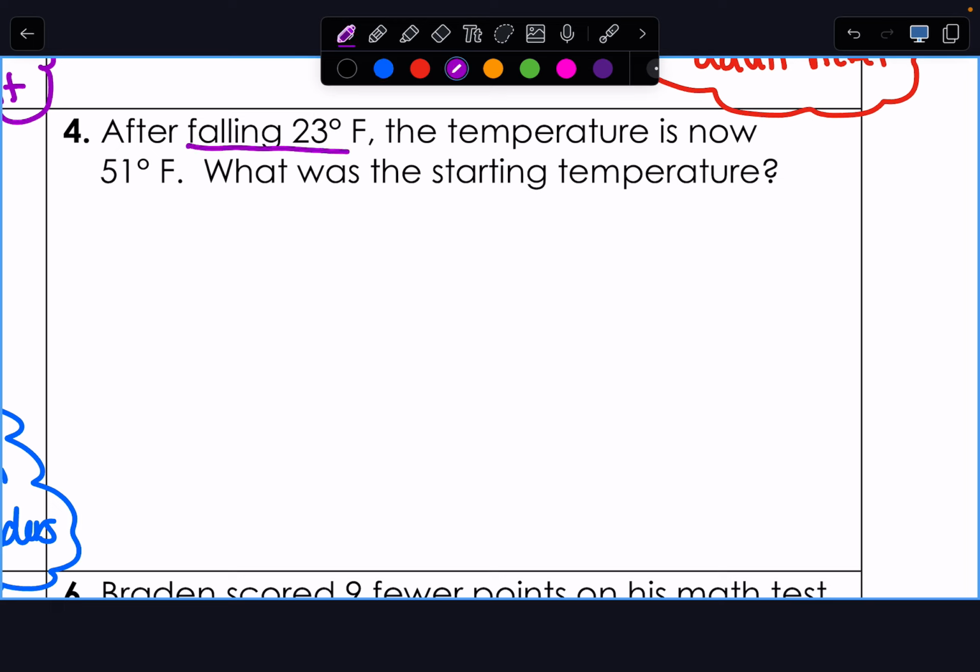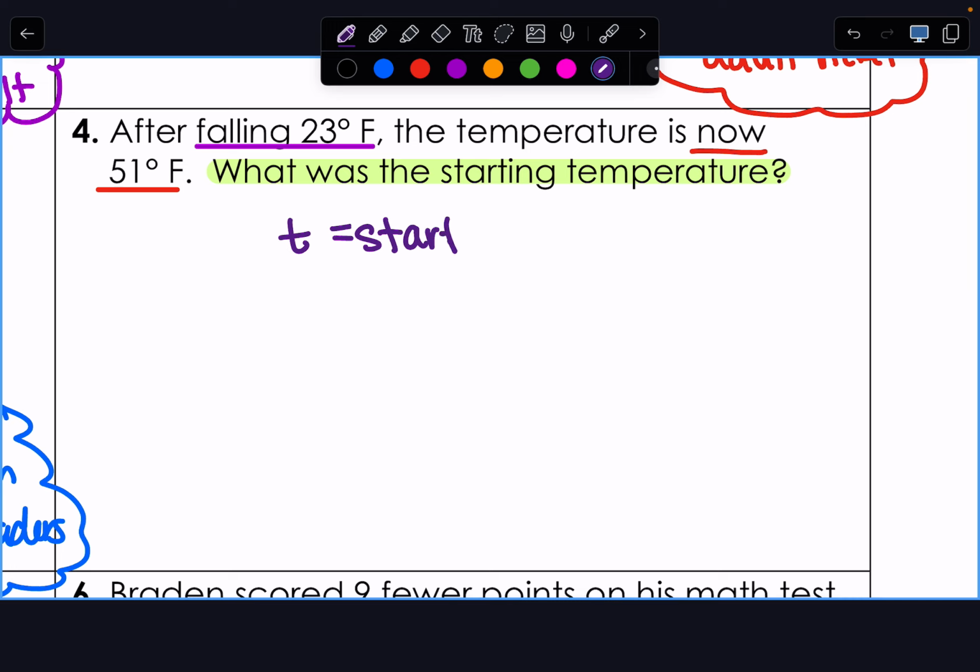After falling 23 degrees, the temperature is now 51 degrees. What is the starting temperature? Landon, what letter should we use for our variable? T. For our starting temperature, I like T for temperature.